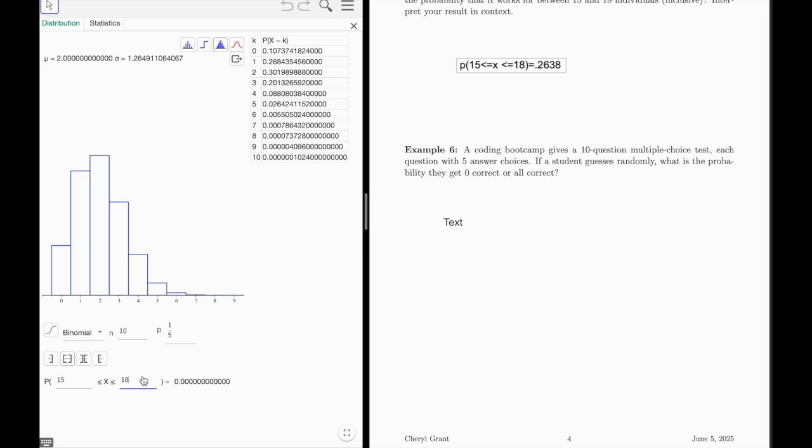And we want to see the probability that they get either 0 correct or all correct. So we want the probability that X is equal to 0 plus the probability that X is equal to 10. That's if they get them all correct. So we need to find those two probabilities and add them together. If I look up here, the probability that X is 0 is 0.1074 when we round that 3 up.